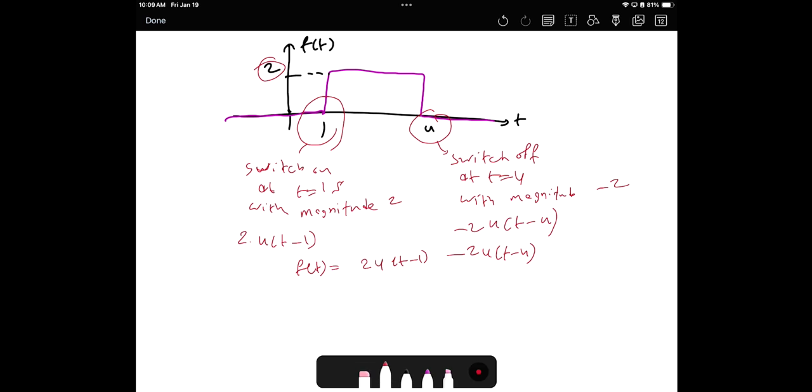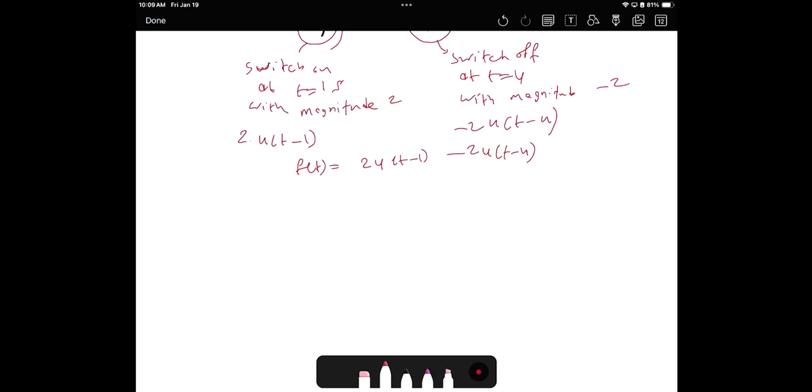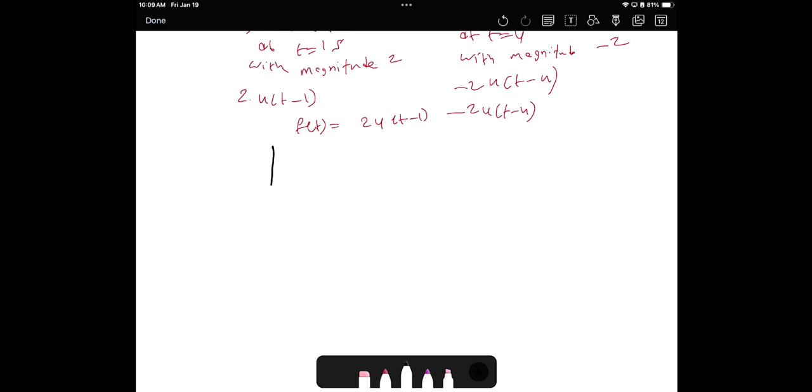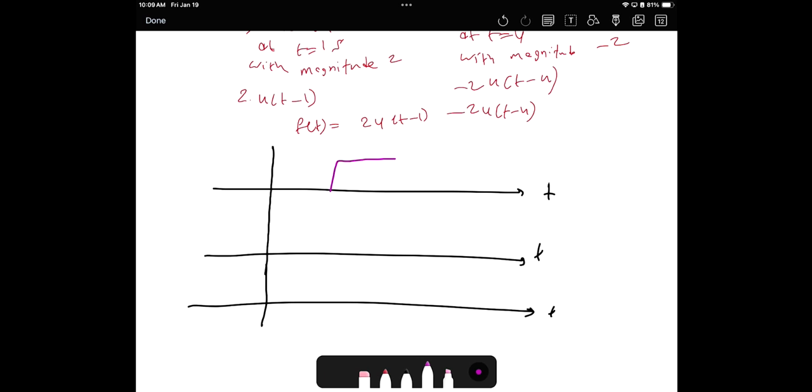Okay? How can I prove this using the waveforms? Here's t. So again, we have the function like this.